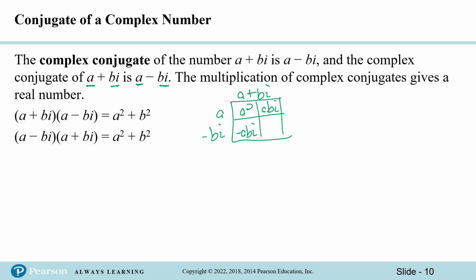So we have a positive abi and a negative abi. Those will cancel each other out. And in the bottom right-hand corner, we would have negative b i squared, but the i squared we replace with -1. So right now we have a squared minus b squared times -1, which gives us a squared plus b squared. Multiplying conjugates gets rid of the i.